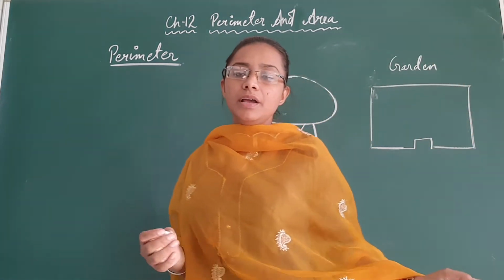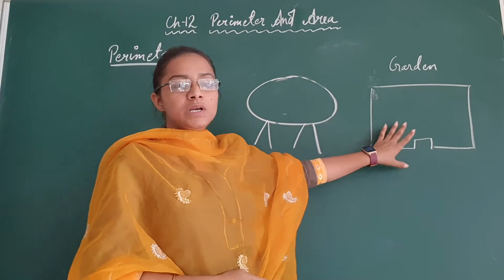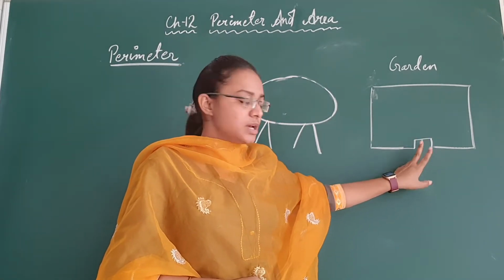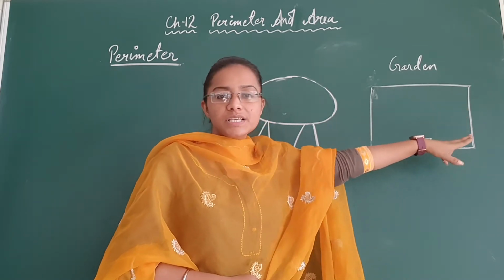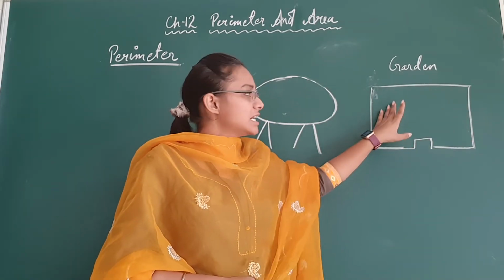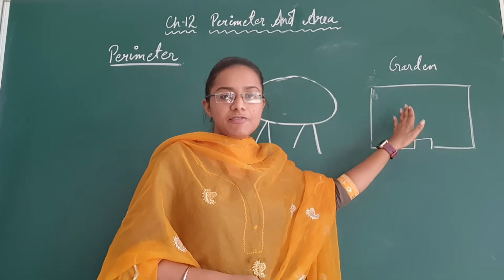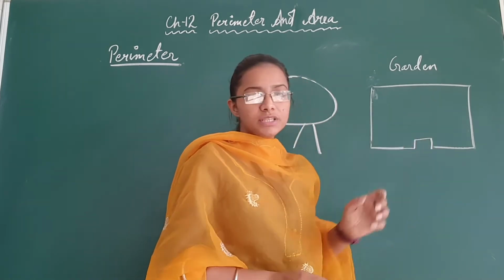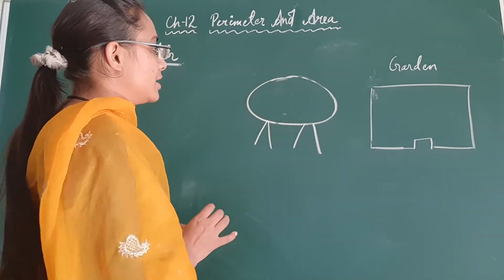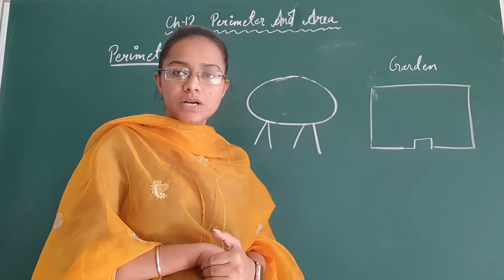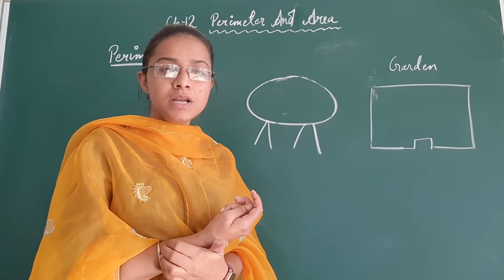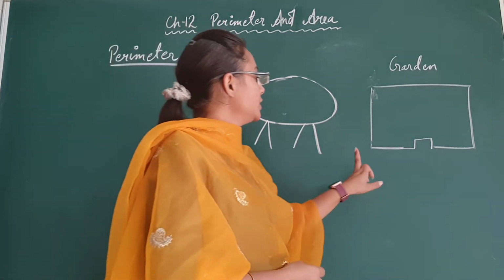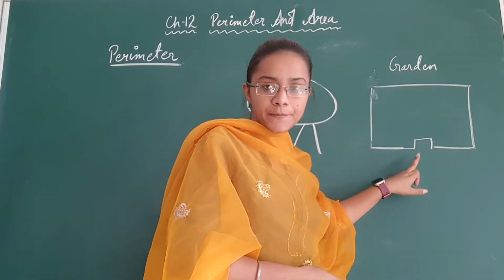Or if you are going to walk, if you are going to take one round of this park, this garden, how much distance have you covered in one round? For that also you must know the total length of this closed shape.